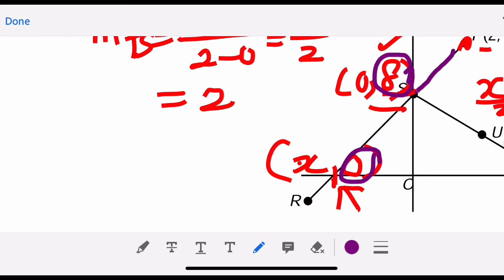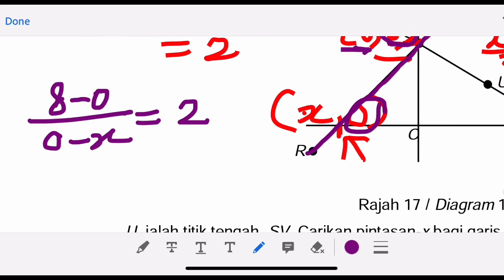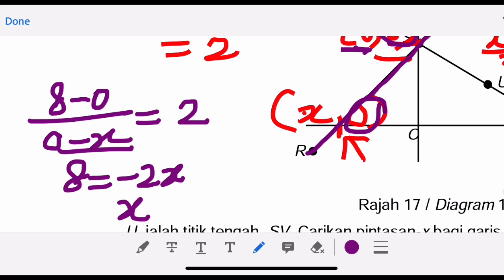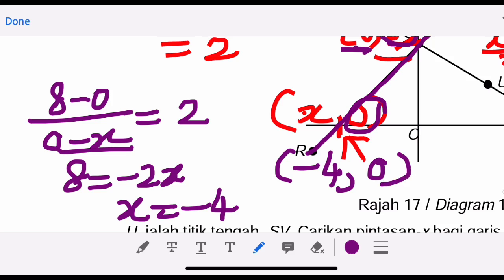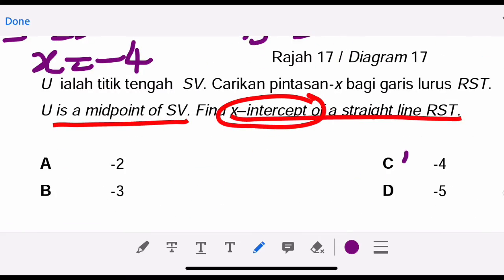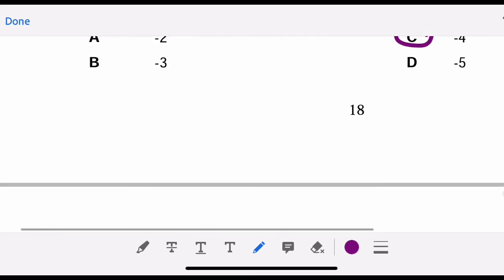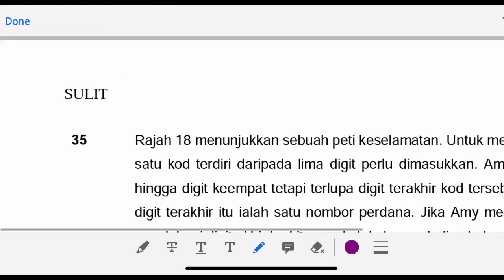Collinear means same line. 8 minus 0 over 0 minus x, I start with the 8, is equal to 2 also, right? So 8 equal to negative 2x, right? So x is negative 4. It's logical because it's to the left. So that means the x-intercept is negative 4. Right? So it's quite simple. For this one, the answer is C for 34.